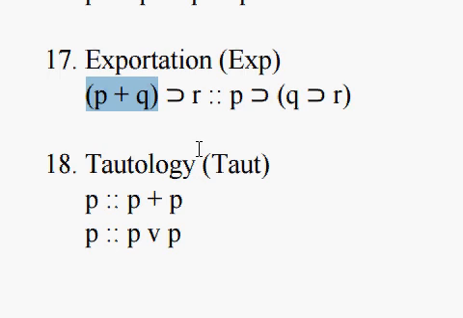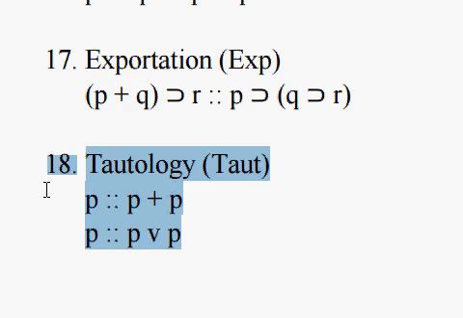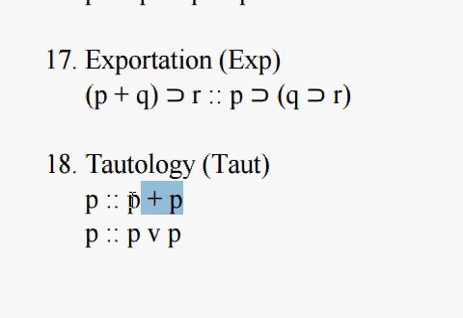And finally, we get this thing called tautology. And tautology is basically saying anytime you have a statement where you have like P wedge P or P vee P, you can simplify it down into just P. And the reason why is, with P and P, it's like saying Paul is here and Paul is here. That can be simply stated as Paul is here. We should know that via simplification. But it also works with the or.